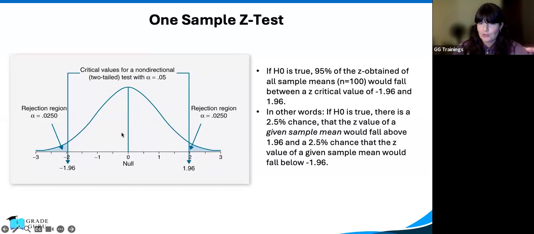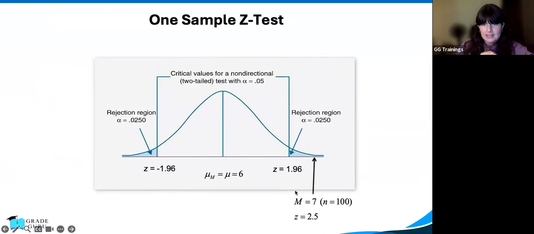If it falls outside, into this rejection region, the probability of getting a sample mean of 7 is so small, less than a 2.5% chance, that it probably means the old population mean is not valid. It's basically just repetition.